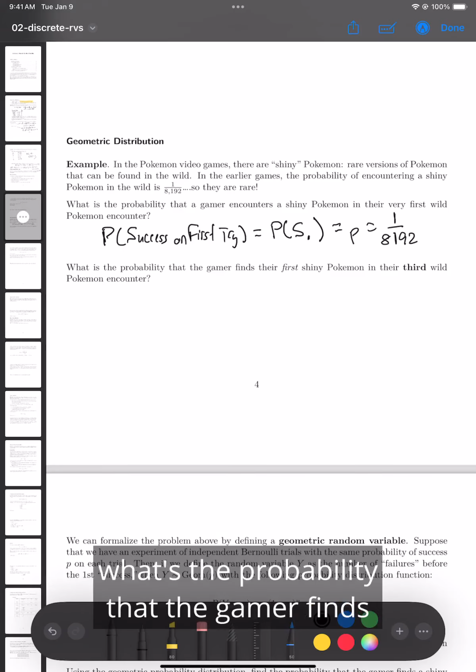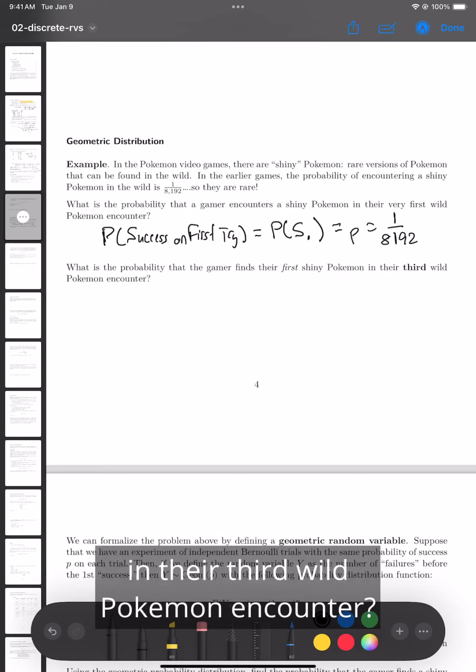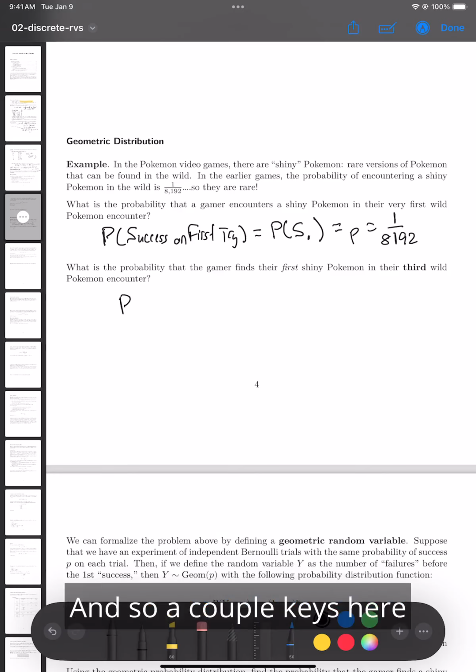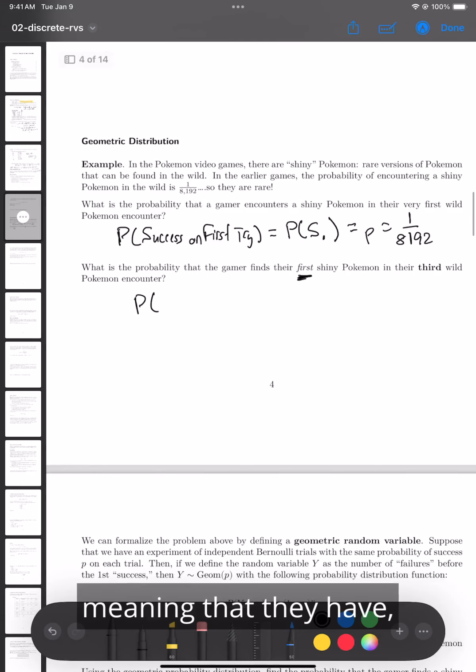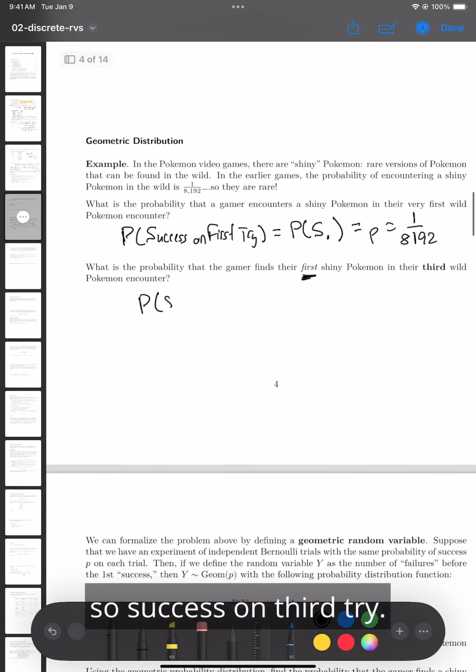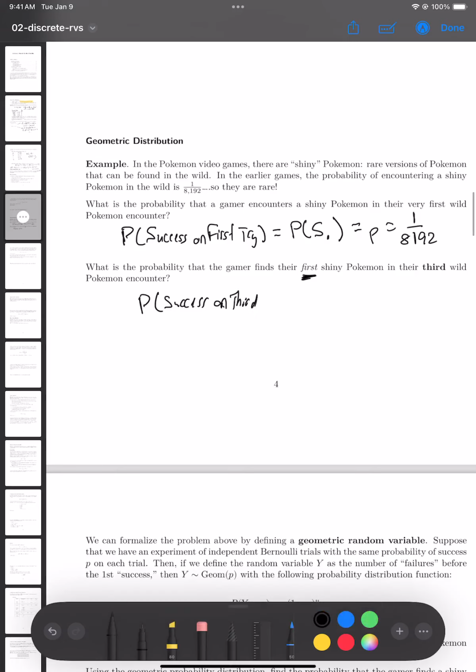The next question asks, what's the probability that the gamer finds their first shiny Pokemon in their third wild Pokemon encounter? And so a couple keys here are that it's their first shiny Pokemon, meaning success on the third try.